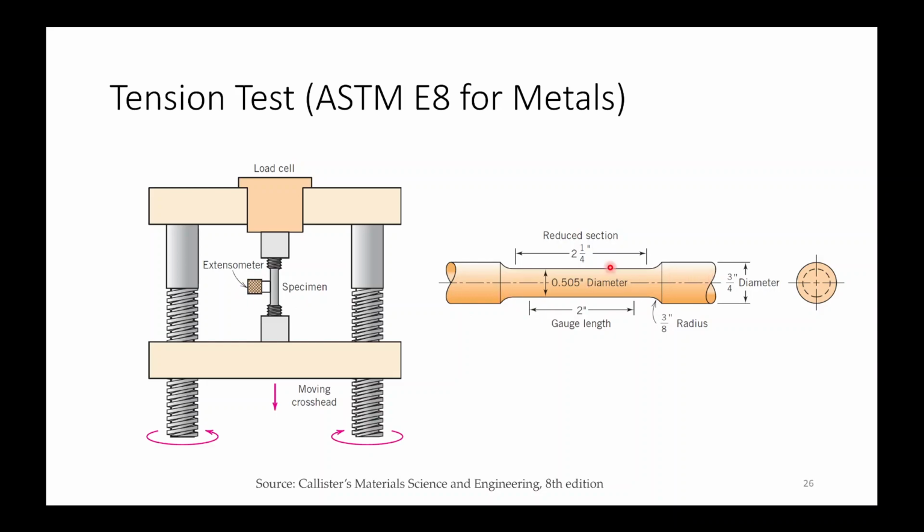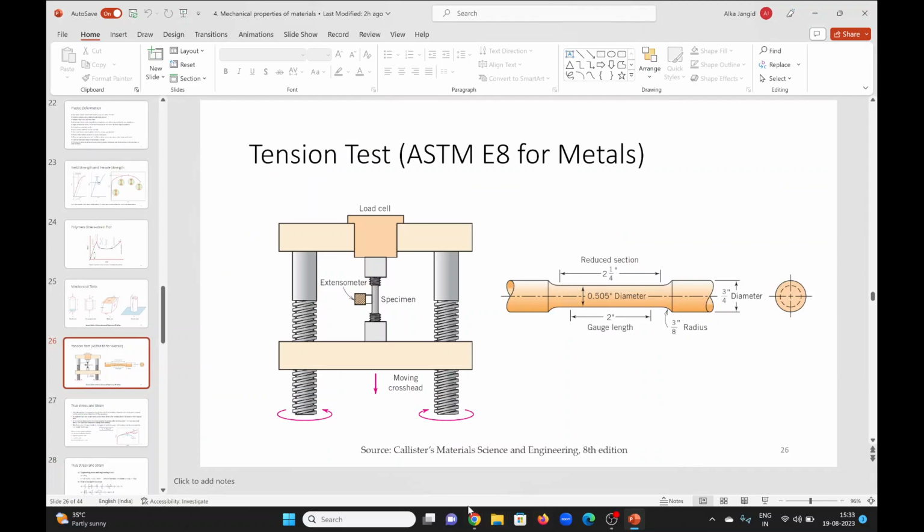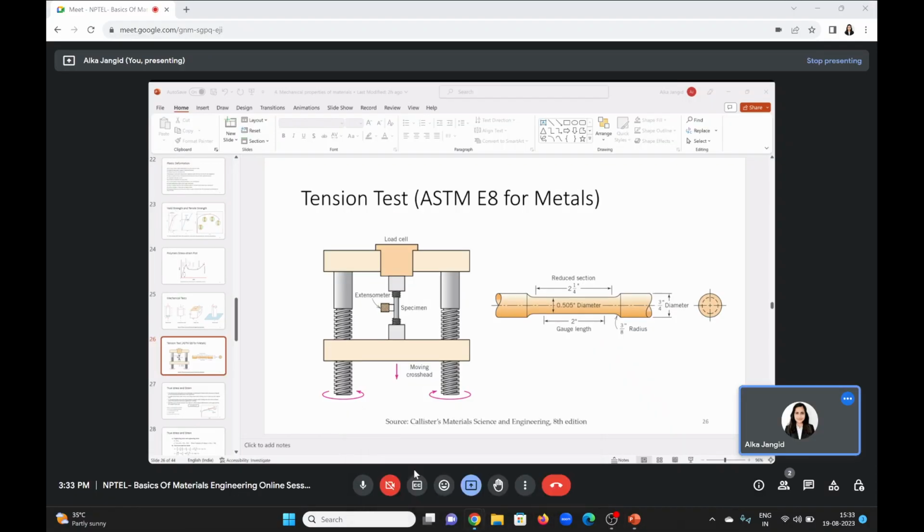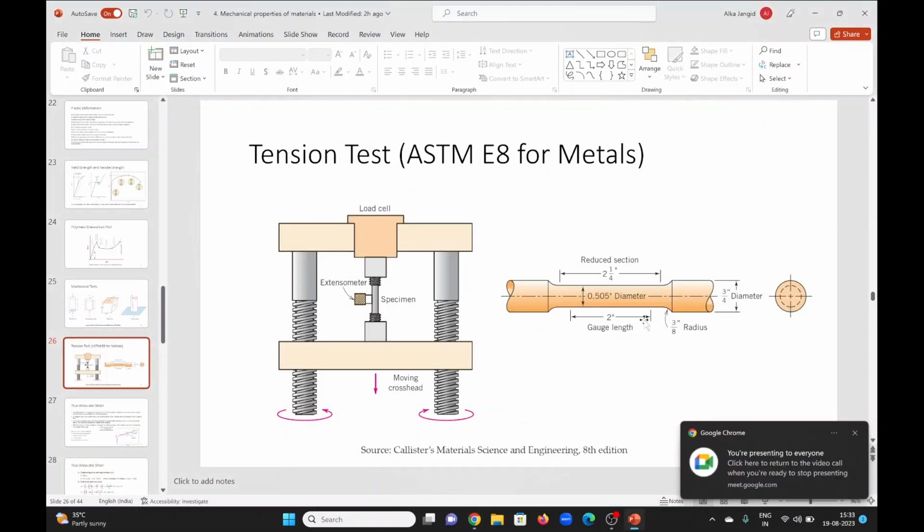Now this is the specimen that we'll be using. It is a dog bone shaped sample. We use this type of sample because the cross section is lower in this area.